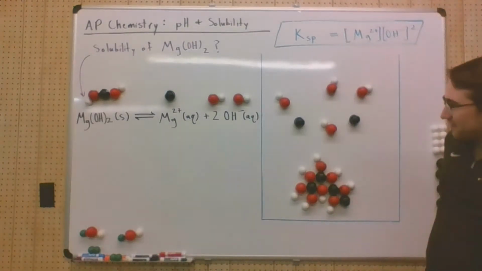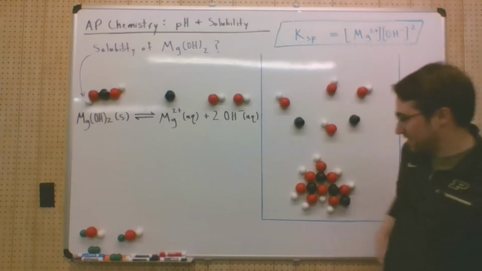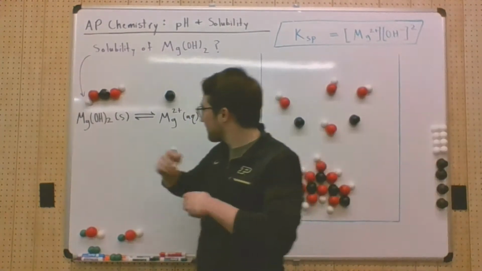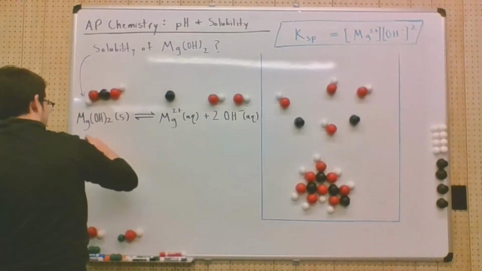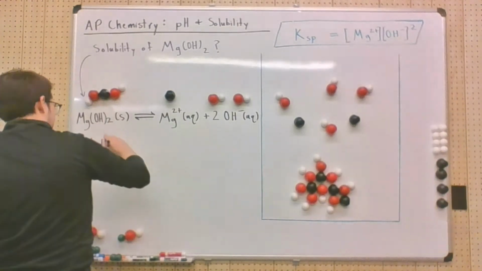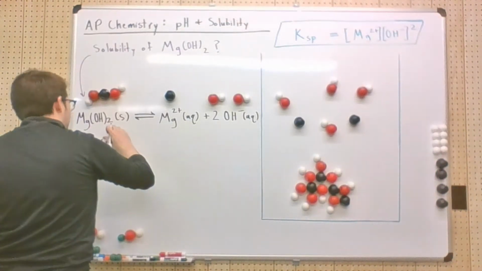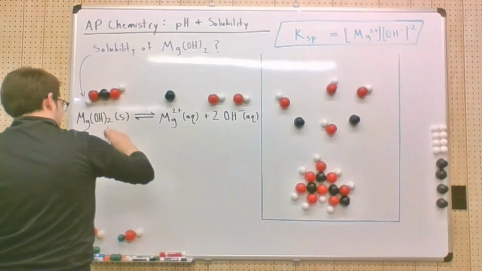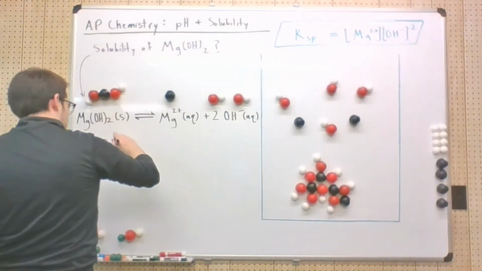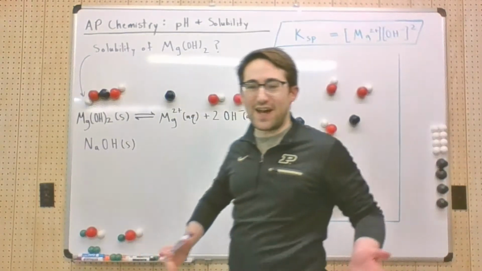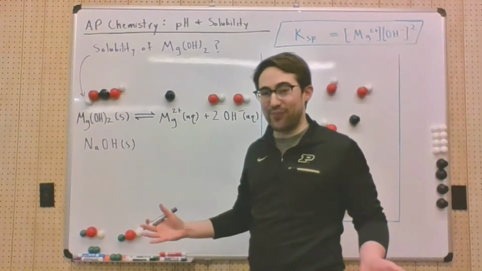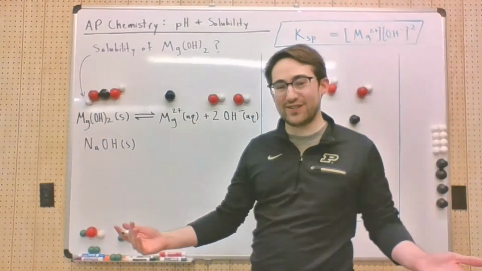So let's say that we add in sodium hydroxide. Sodium hydroxide is a strong base. It's going to break up totally into its ions in solution.